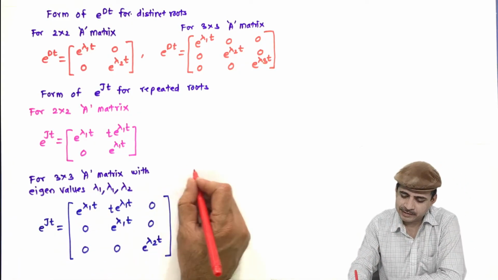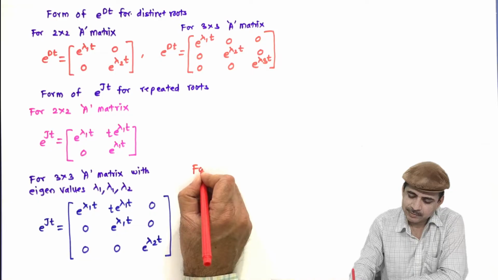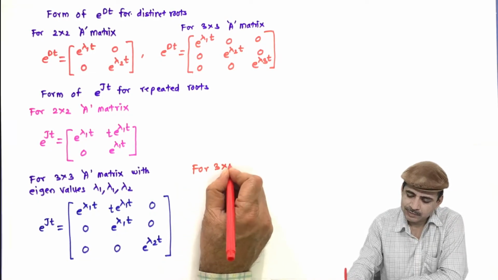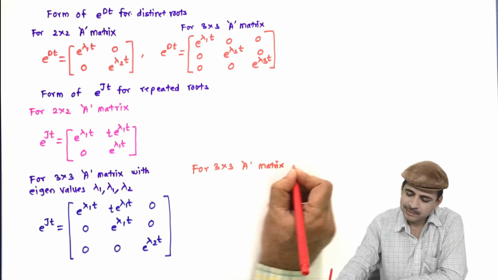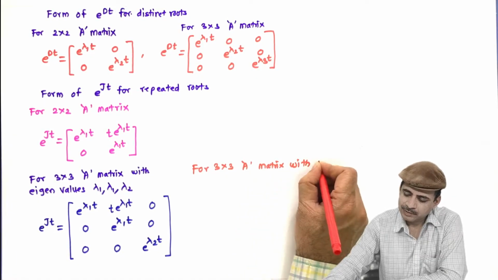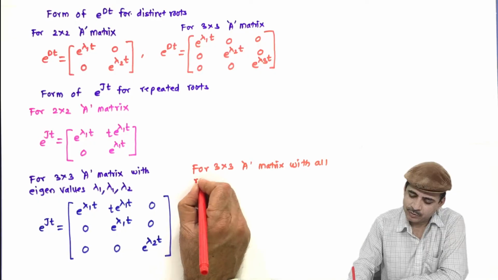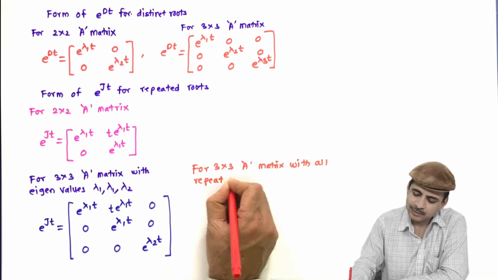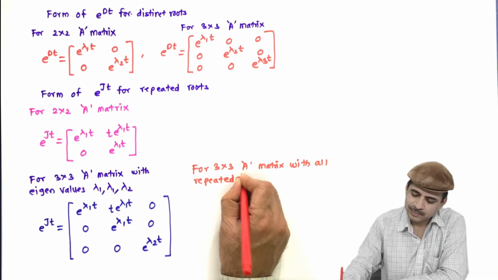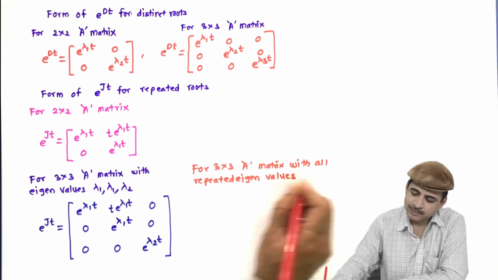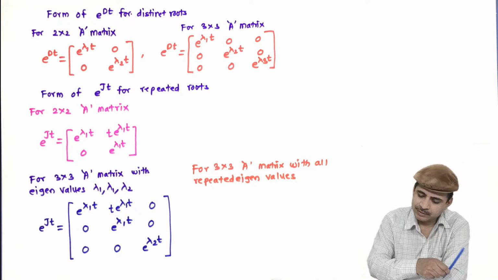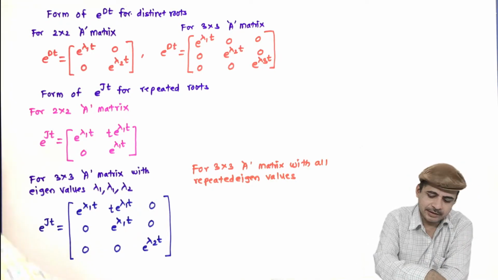Now we will take a case for a 3 by 3 A matrix with all repeated eigenvalues, that is lambda 1, lambda 1, lambda 1, and then what is e raised to jt?